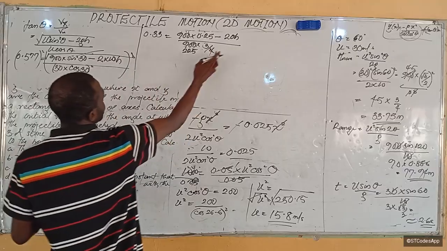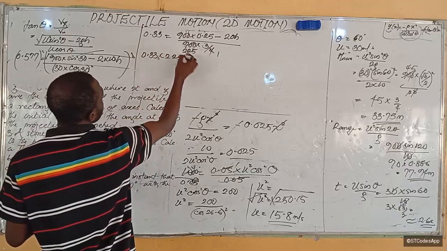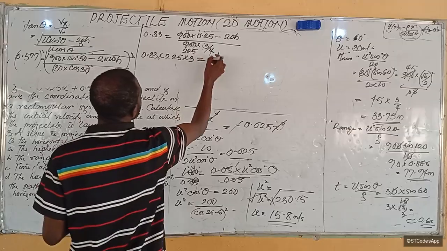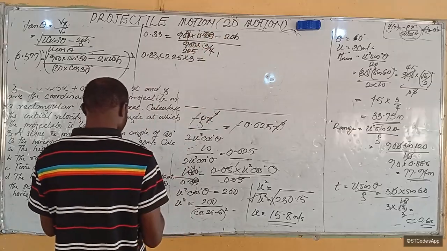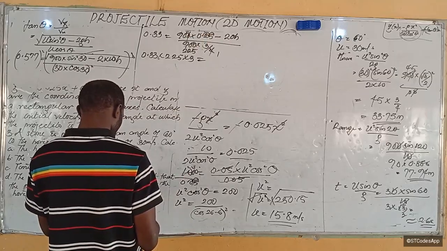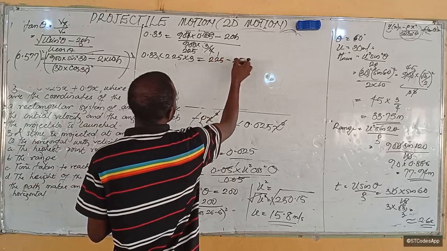So we can cross multiply, we'll have 0.33 times 225 times 3 is equal to 900 times this, 25 times 9. Is equal to 225 still, 225 minus 20h.